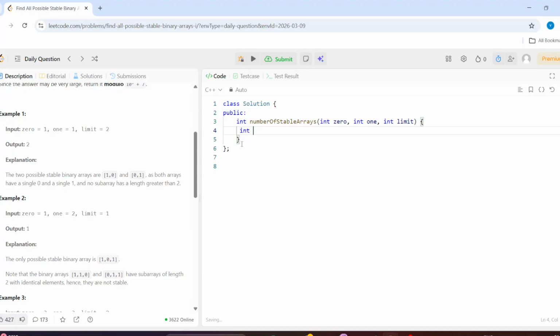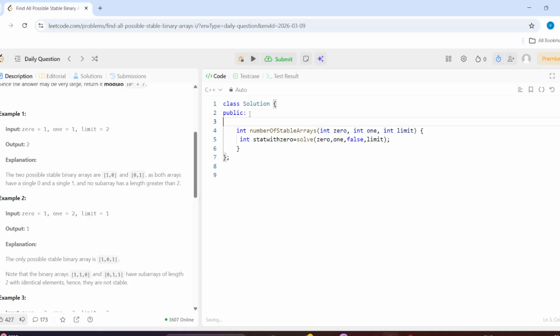If we start with 0, then we give our solve function 0, 1, and initially mark the flag as false, and the limit. Here we write the solve function: int solve, int z, int o, bool flag, int limit.